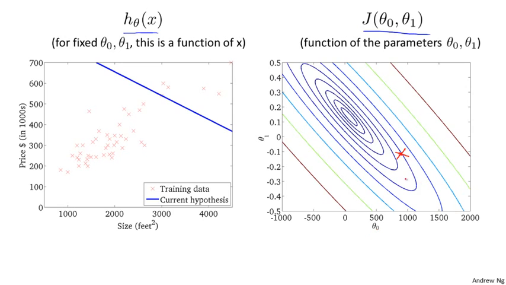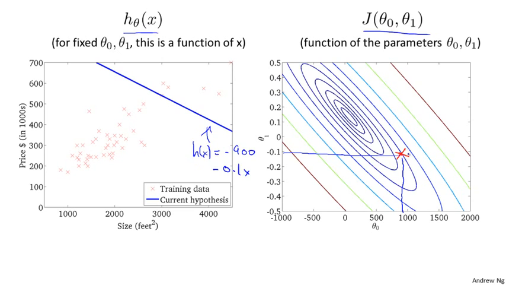But for illustration, in this particular implementation of gradient descent, I've initialized theta 0 at about 900 and theta 1 at about minus 0.1. Okay, and so this corresponds to h of x equals minus 900 minus 0.1x, which is this line. And so out here on the cost function.